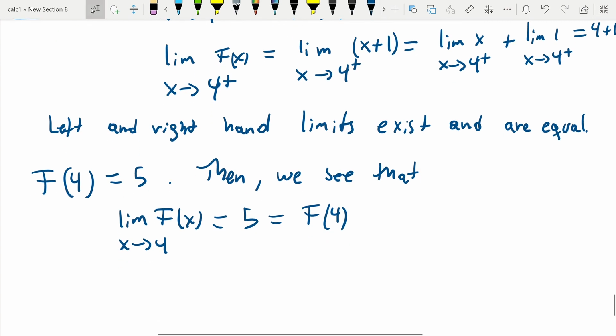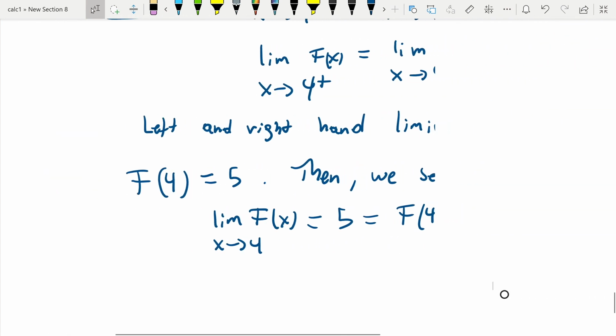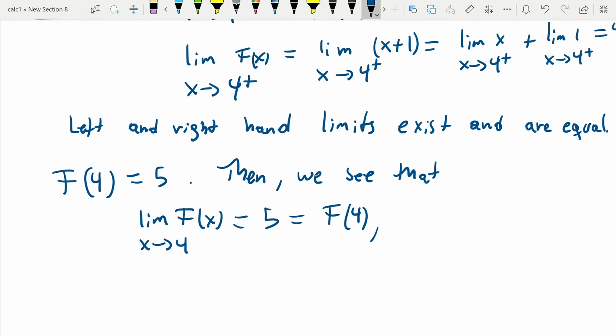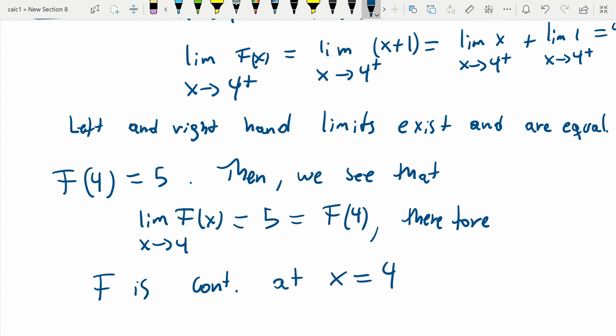And therefore f is continuous at x equals 4.